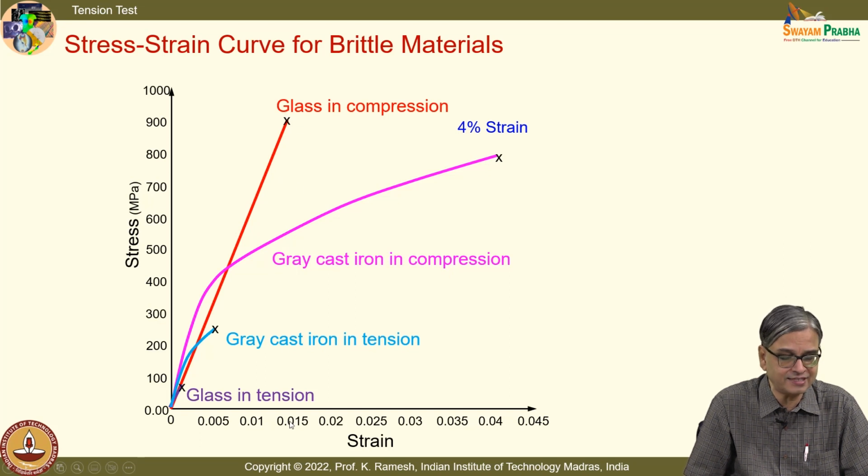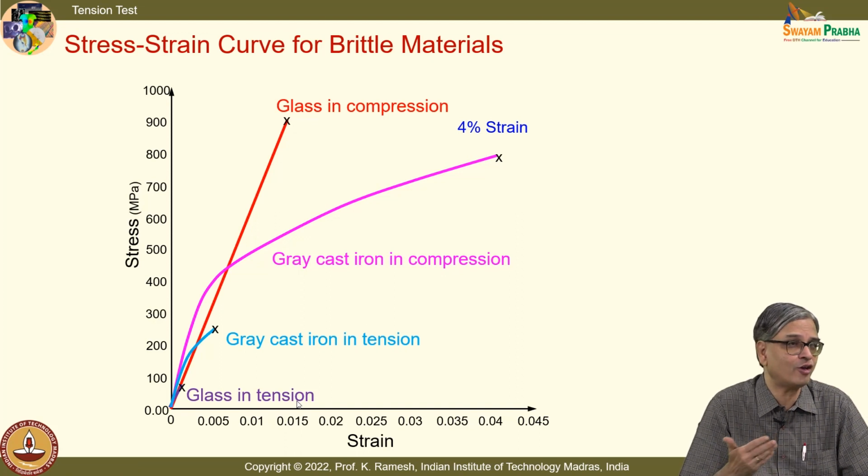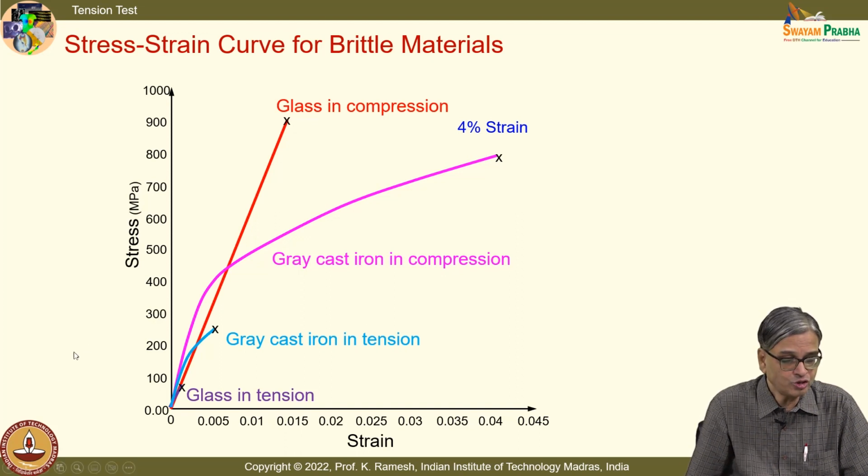In the case of glass, it is extremely small. Second observation is it does not have the same failure strength in compression and in tension. If you look at the ratio in the case of glass, it is almost 10 or 11. And I also look at grey cast iron.